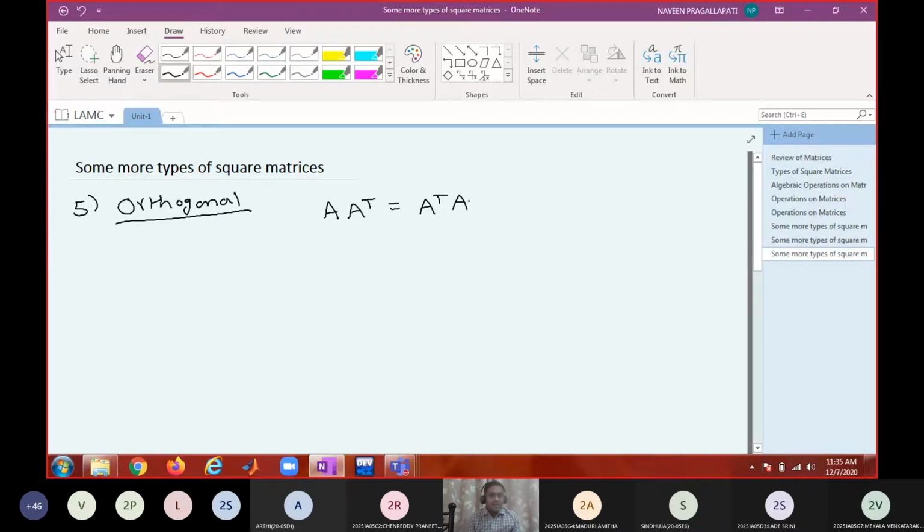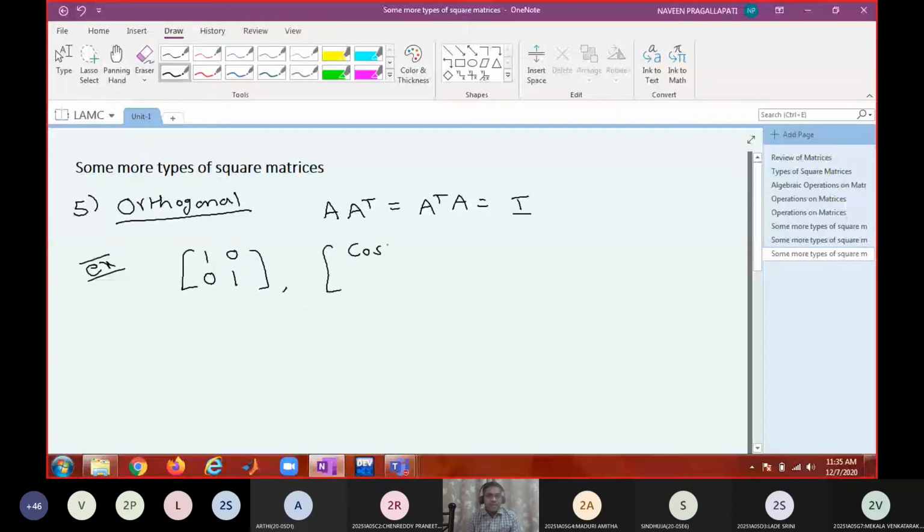So can you provide some examples? Can you give some examples of orthogonal matrices? Identity matrix. That's an easy example, right? Any other? I'll write down a few matrices.